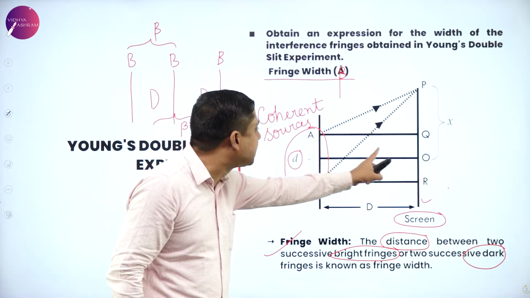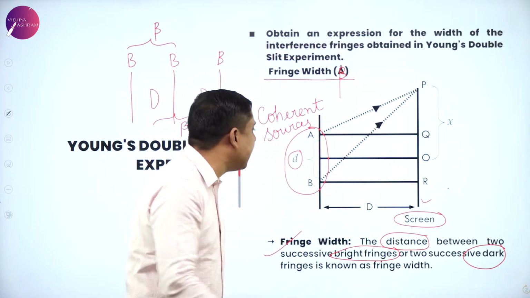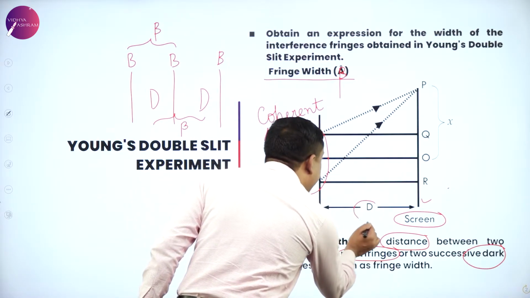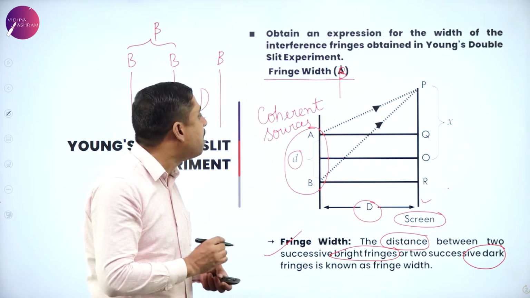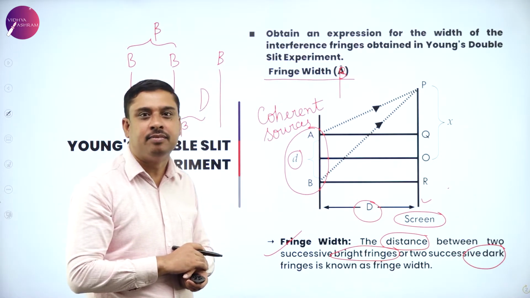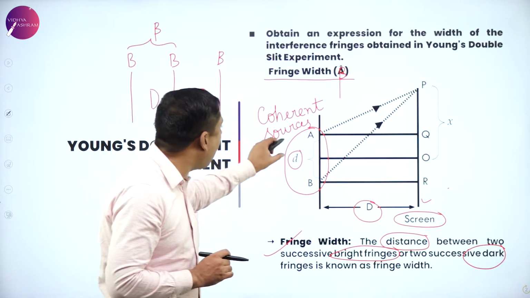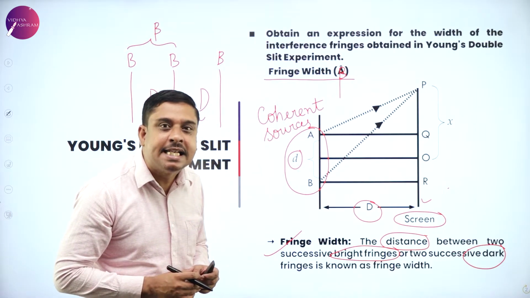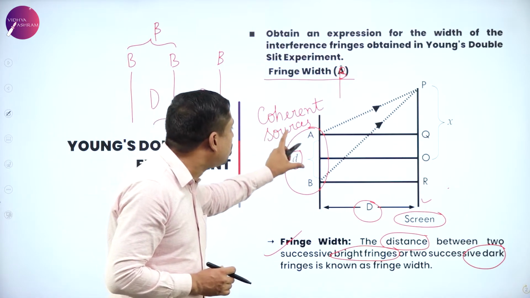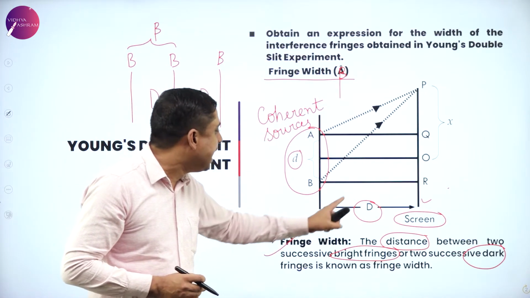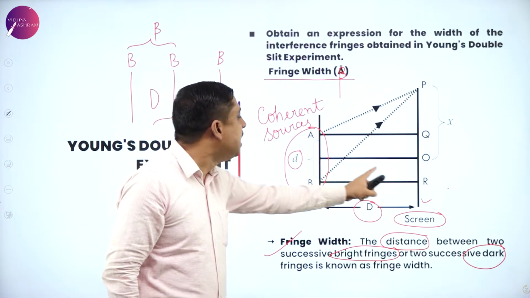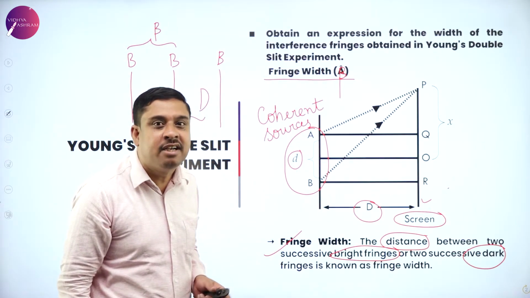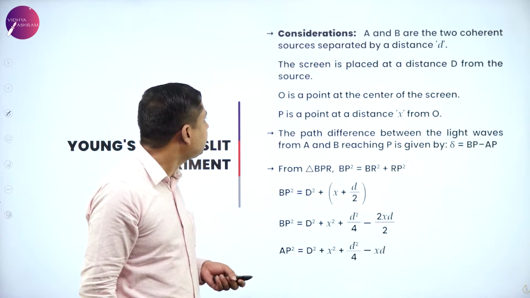And the source and the screen are separated by a distance capital D. So small d is the distance between the two sources, and capital D is the distance between the source and the screen.